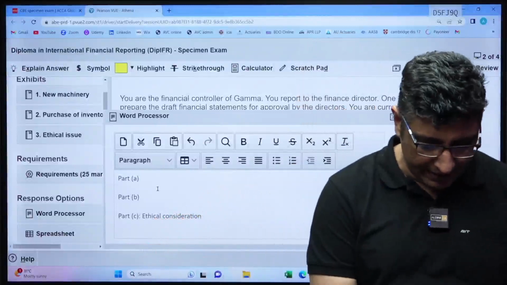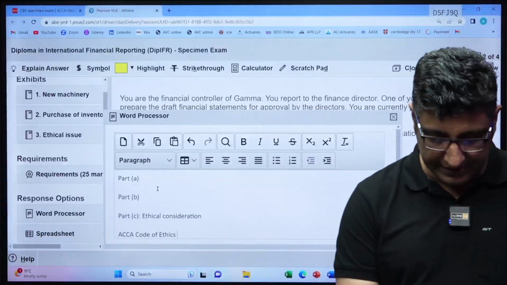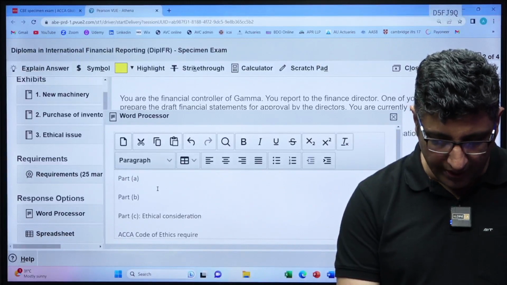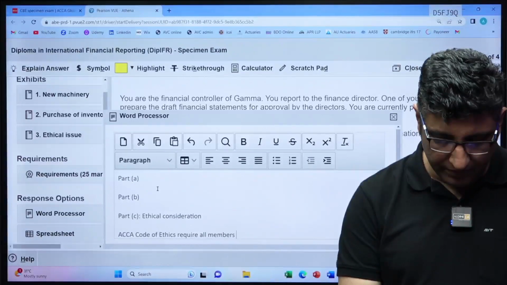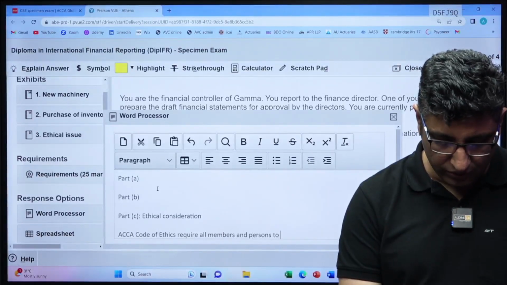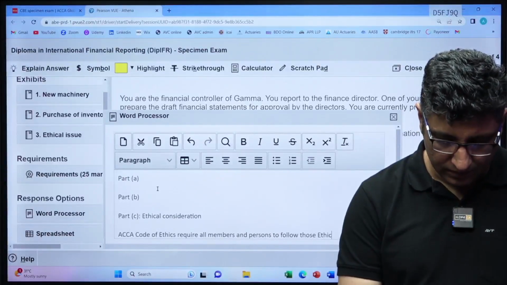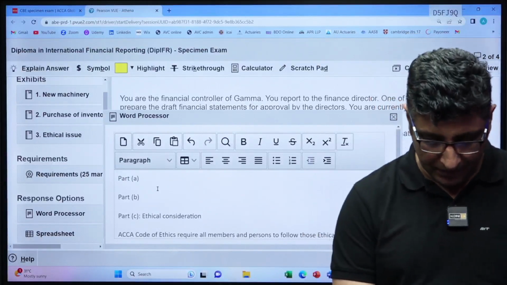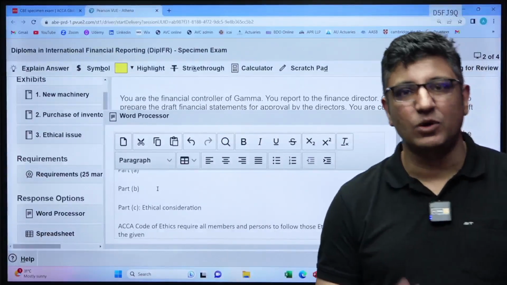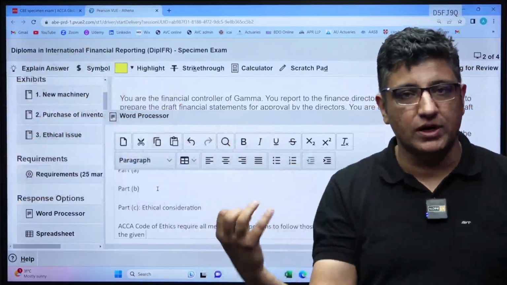I would say the ACCA code of ethics requires all members and persons to follow those ethical principles. In the given scenario, I'm not expected to explain all those 5 code of conduct principles.